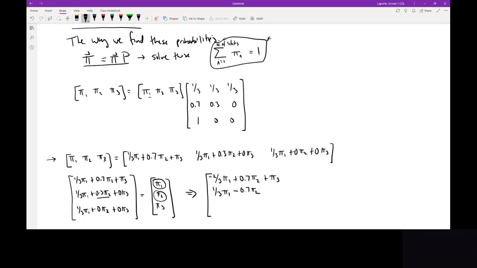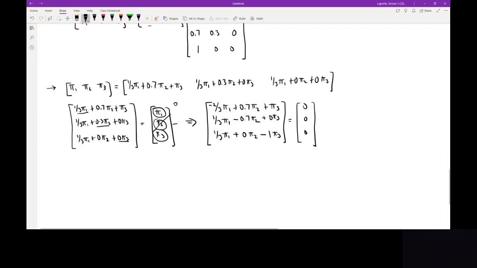We took this and subtracted it from that piece, and in a second we're going to take that and subtract it from that. So then we get plus 0 pi 3. Just keep rolling here, and then subtract 1 pi 3. All that because we subtracted it from both sides, right? I subtracted this piece, so this goes to 0. So it's the 0 vector, 0, 0, 0.